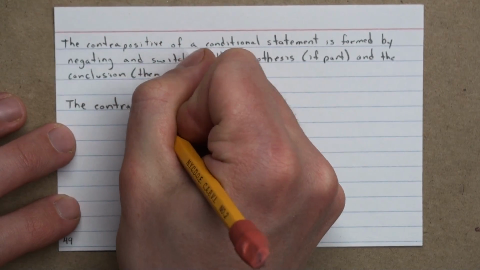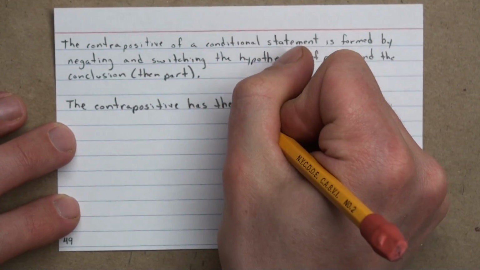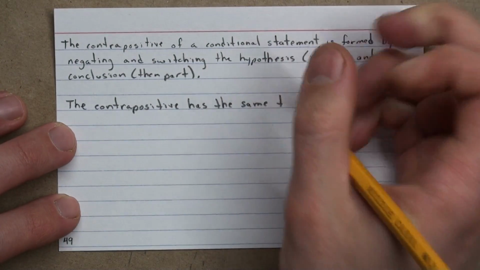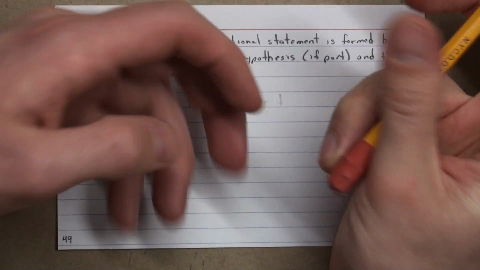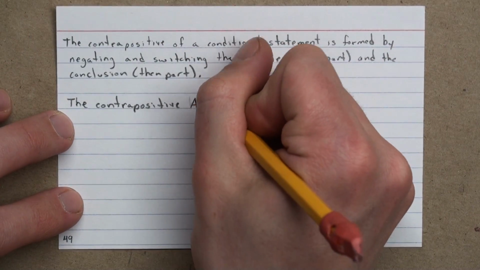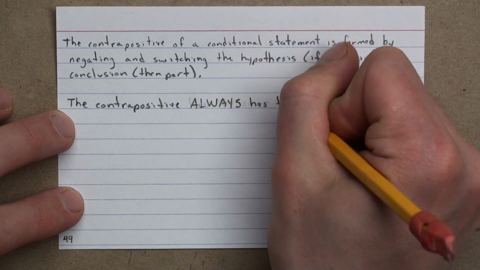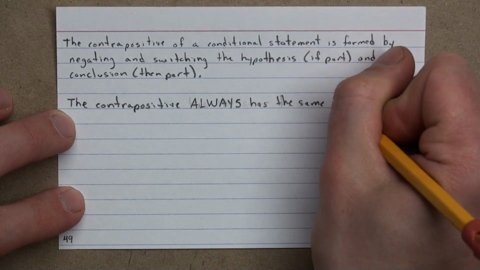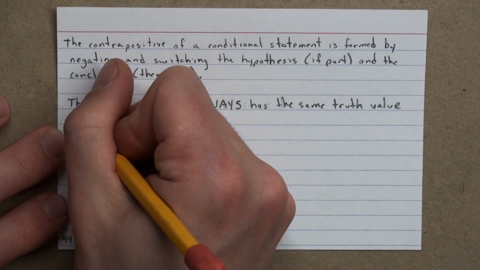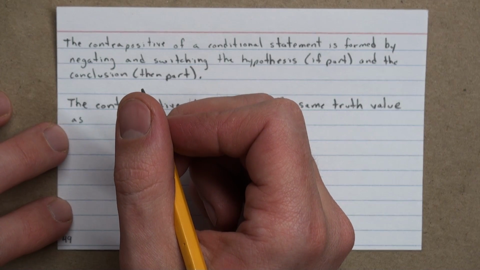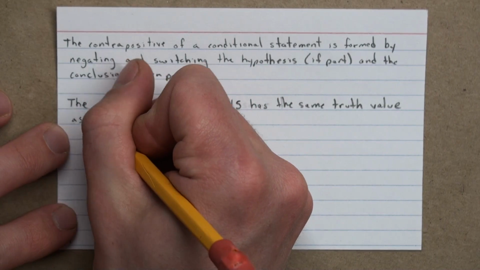The contrapositive always has the same truth value as the original conditional statement.